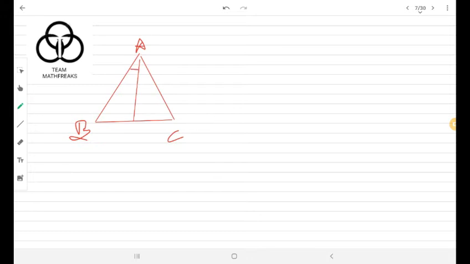This is the angle bisector meeting BC at the point E. Now what I will do, I'll extend this part and extend this part also, such that this part is parallel to this part. Then they will meet at a point.